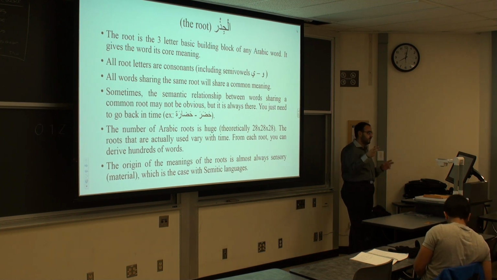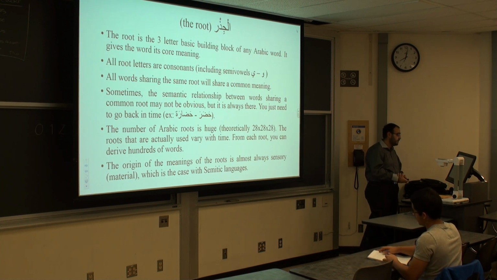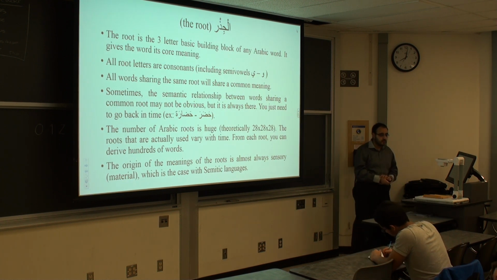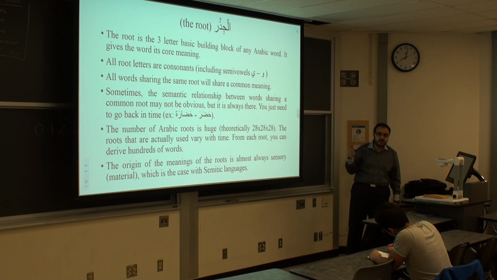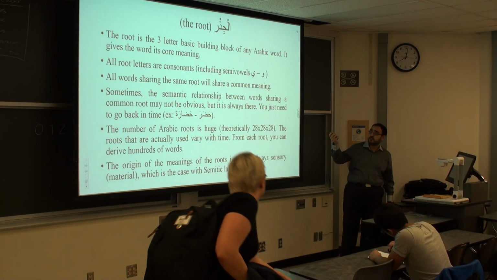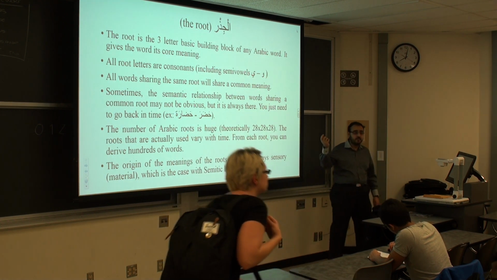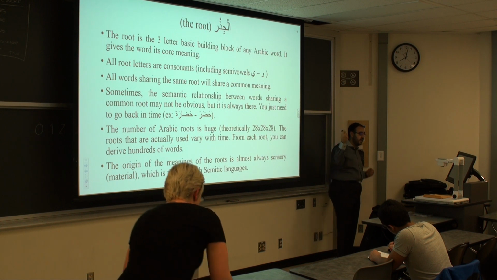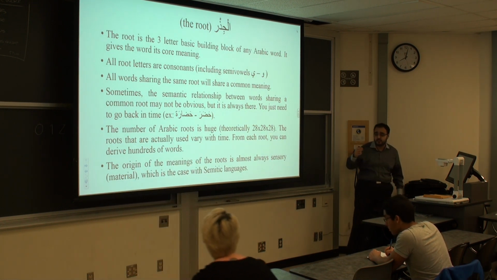It consists of three letters, and it gives the word its core meaning. It's important to note that all root letters are consonants, so whenever you have a root, you will not find any vowel in there. Consonants include the semi-vowel letters waw and ya, but they do not include the alif. You'll never find an alif in the root, because the alif is always a vowel.